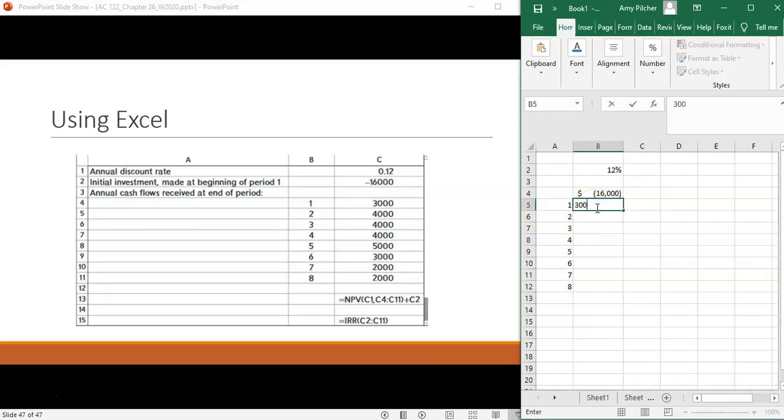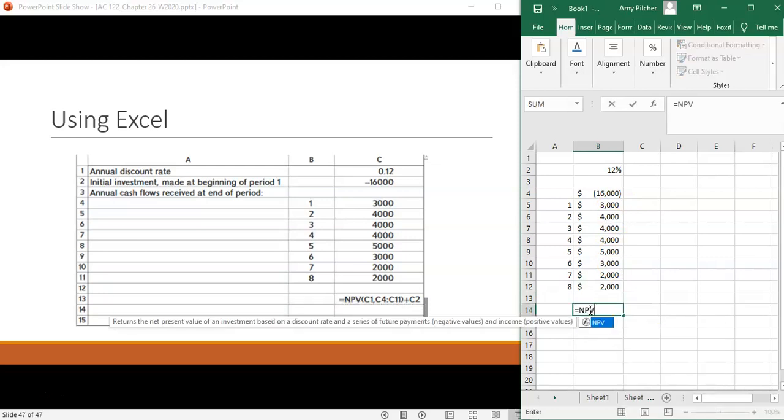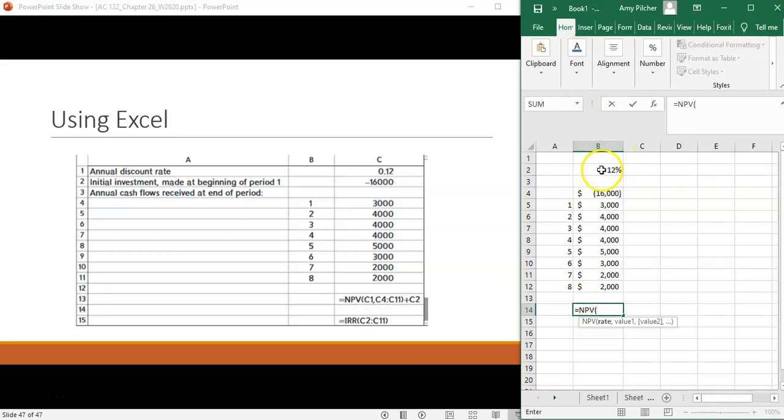And we have outflows, or we have cash inflows, then we can determine what is the net present value: our rate, our flows, and then that amount plus the initial investment.